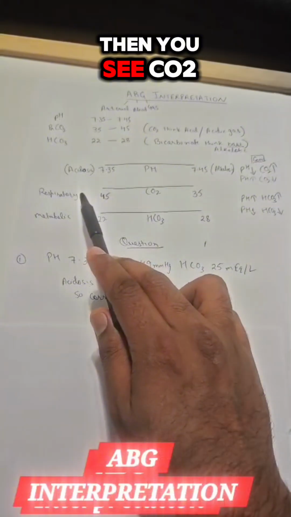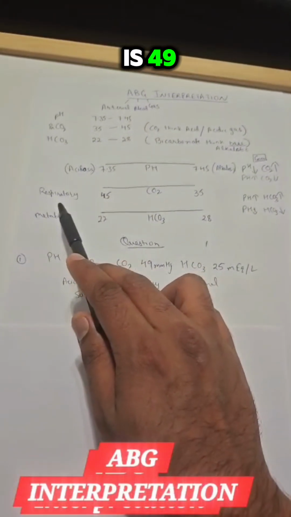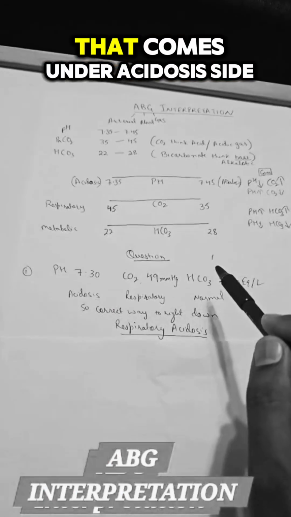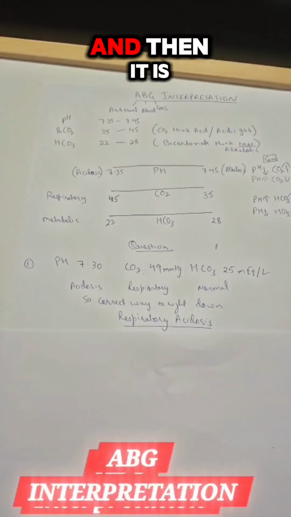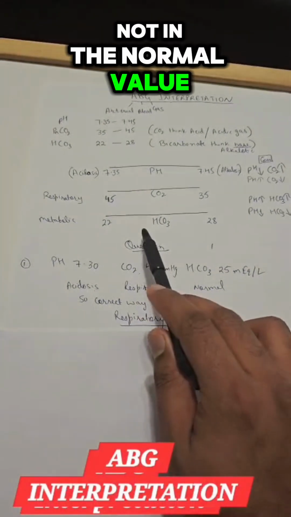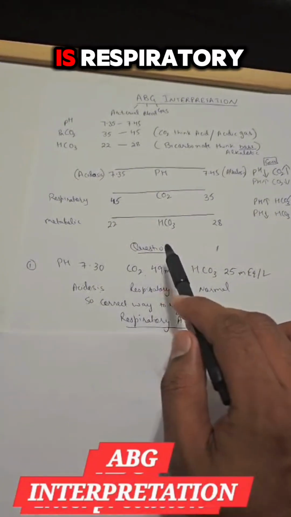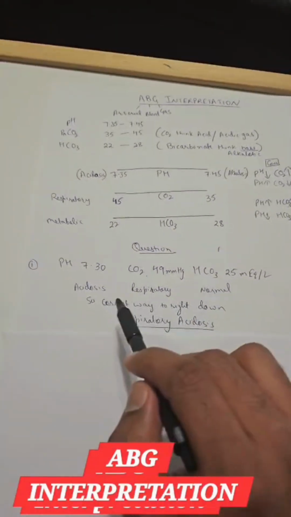Then you see CO2 is 49, that comes under the acidosis side as well, and it is not in the normal value. So that means it is respiratory.